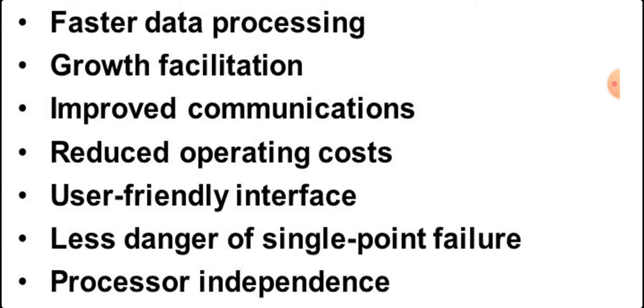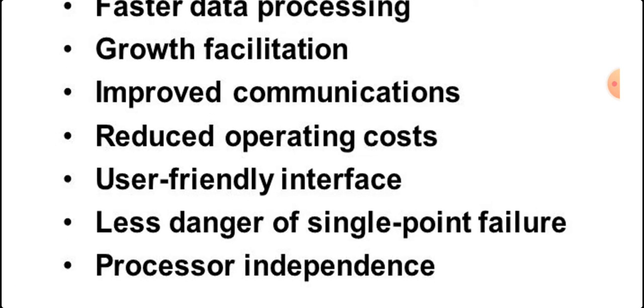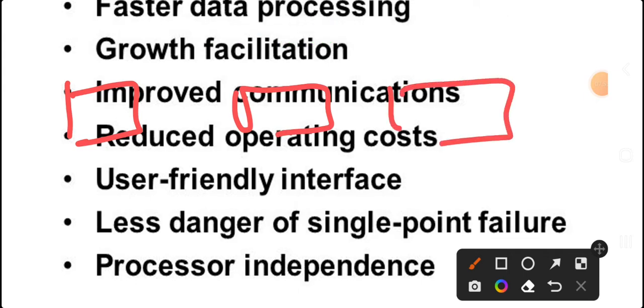User friendly: as I already told you, it is a computer network matter, so we can have more users, more requests, and more servers communicating with each other. Less danger of single point failure. As I told you earlier, we will have a number of systems working in the network, and each and every system will hold some database.